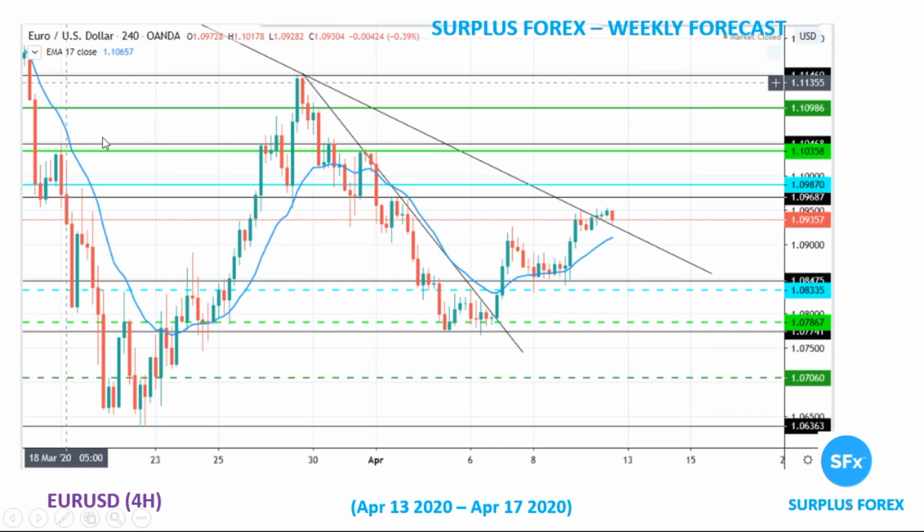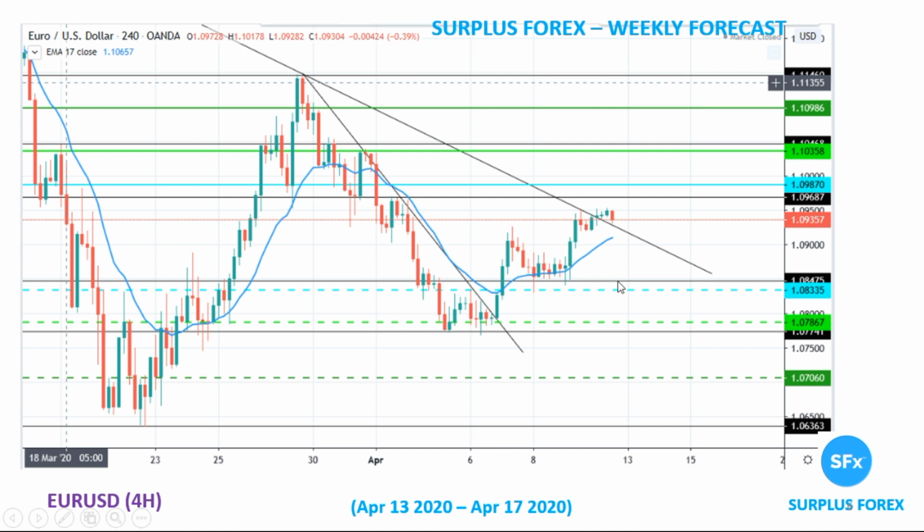And let's see Euro USD on a 4-hour chart. If it crosses 109.68, then I'm keeping my entry at 109.87 at the first entry. And once it's tested, I'll make entry here, keeping my first target at 110.35 and second target at 110.98, keeping my stop loss at 109.30, around 10 pips below 109.35.